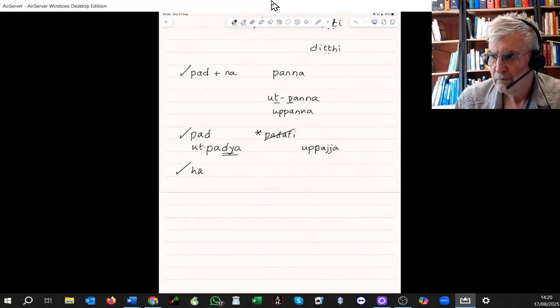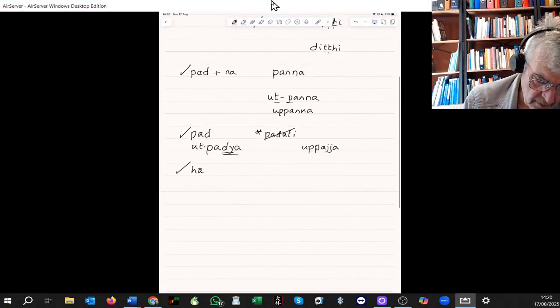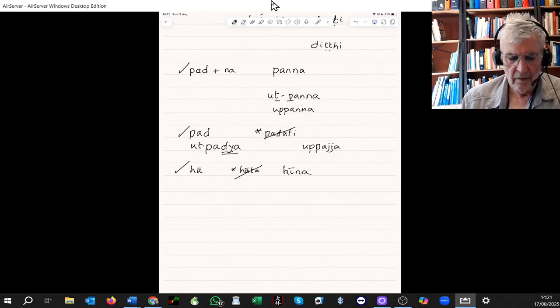You'd expect it to be ha plus ta, but that form does not exist. It is in fact slightly irregular. It is hina. And you will recognize this.